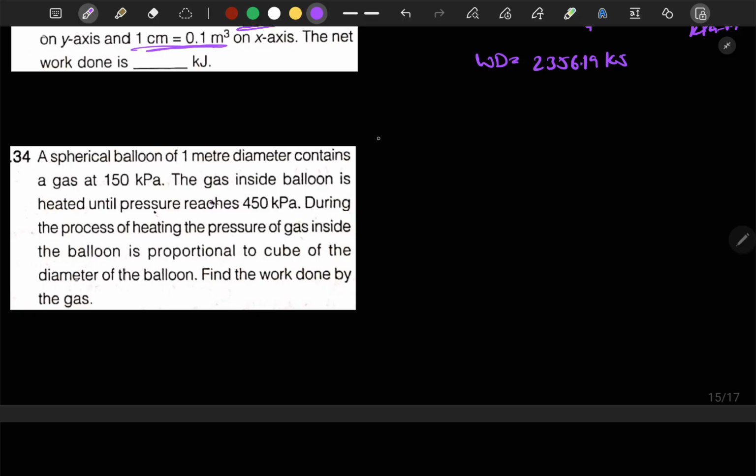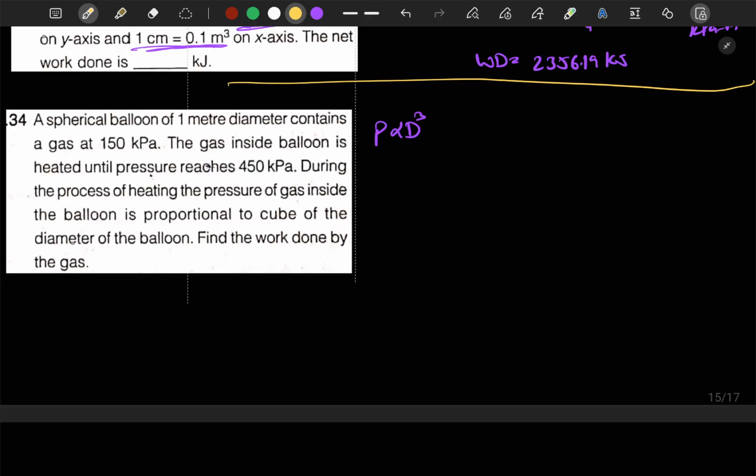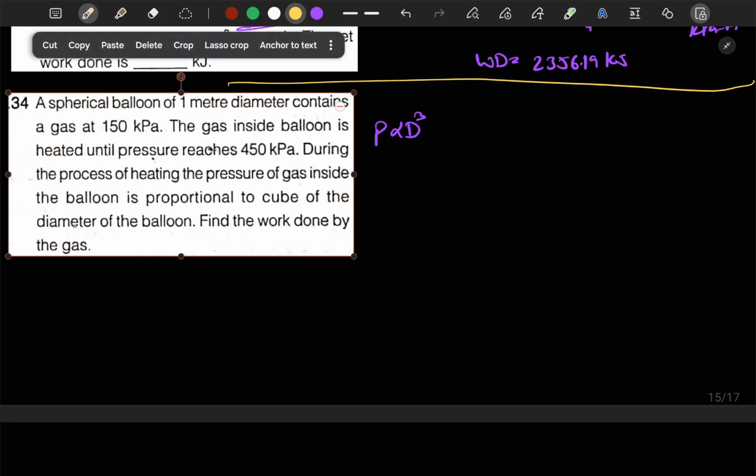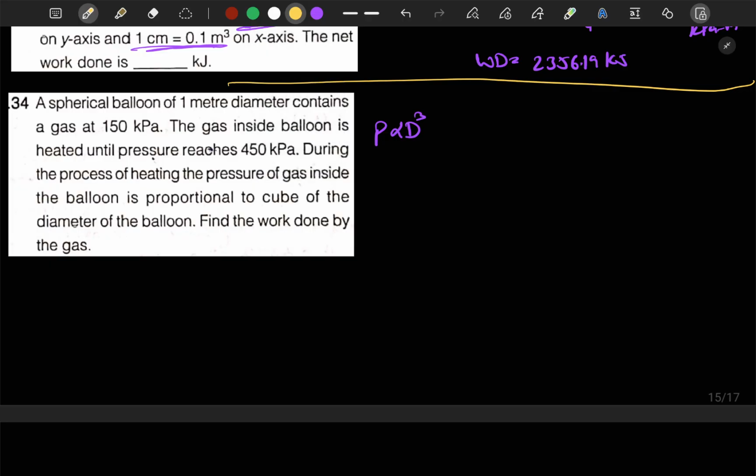So pressure is directly proportional to diameter cube. Find the work done by the gas.